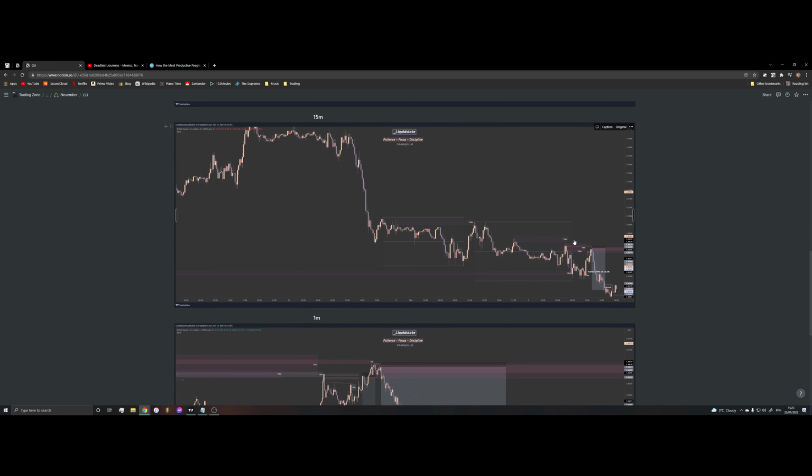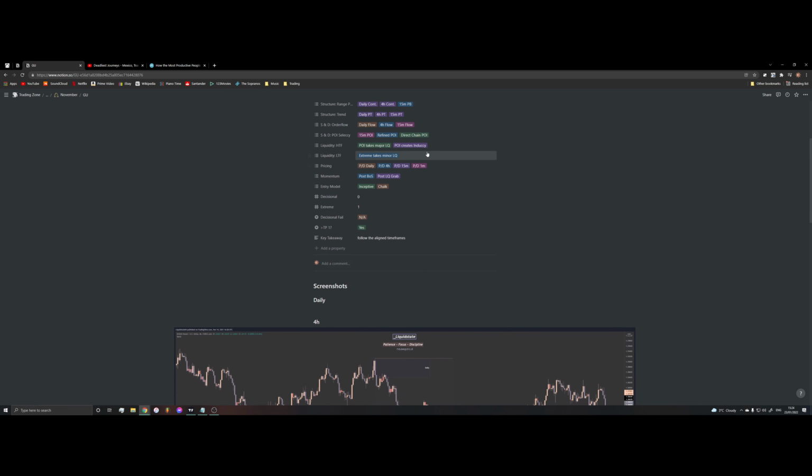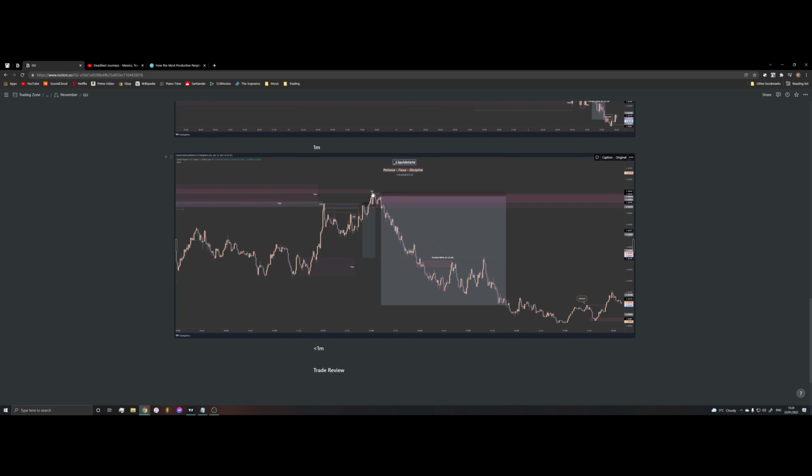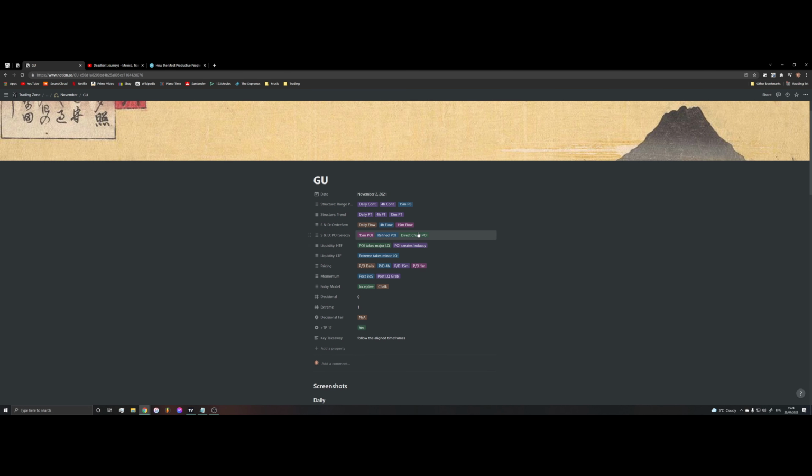So in this case, I'll look at the liquidity afterwards, but we've got an extreme of this push here. I've got the refined POI, which tapped this 1 minute, which I've written.